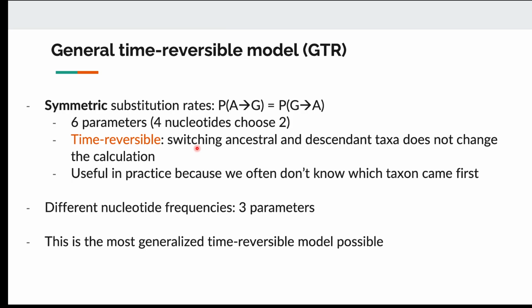Who knows, right? So our evolutionary model has the property of being time reversible. If you switch the 2 genomes, let's say you assume that human comes before monkey, or you assume that monkey comes before human, if your model is robust in the sense that whichever choice you pick, you get the same analysis, you get the same result, right?